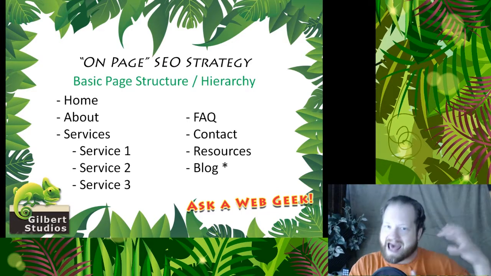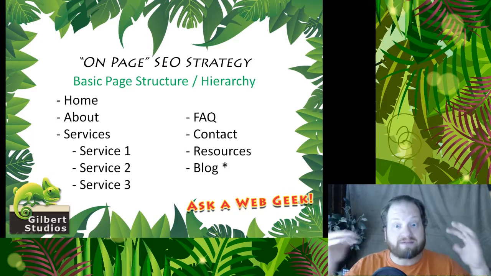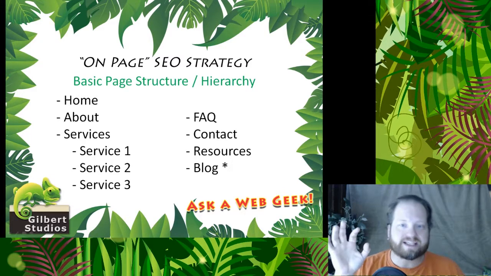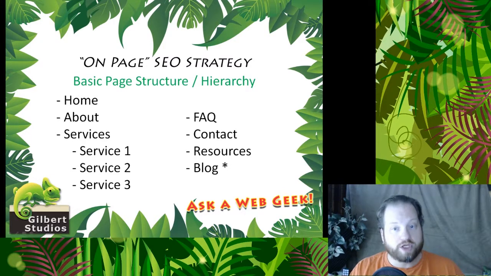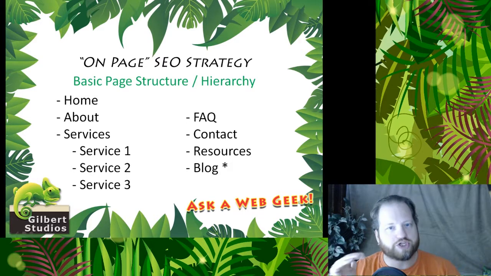You've got to have all the details and facts in your website, but don't put everything on your home page, because that's going to drive away the human users. What do we do, CJ? How do we do that? This is how we do that. Let's talk about a basic page structure and a hierarchy for your website.